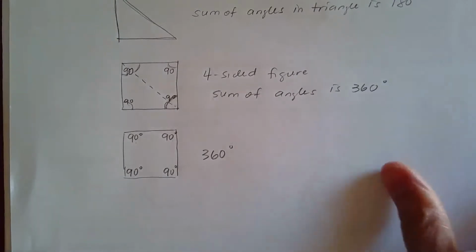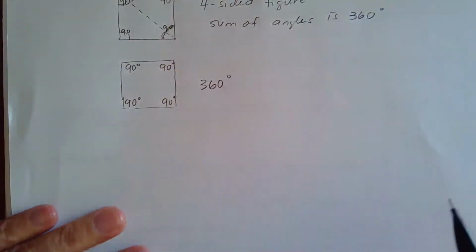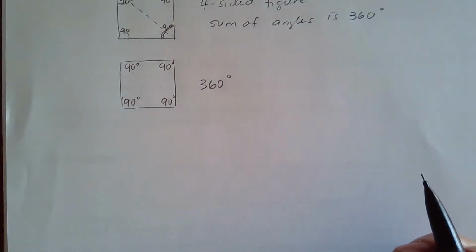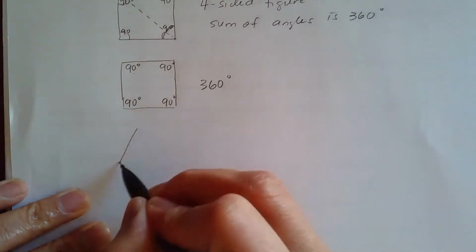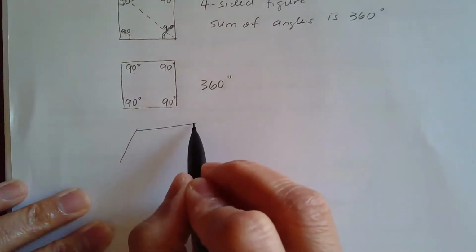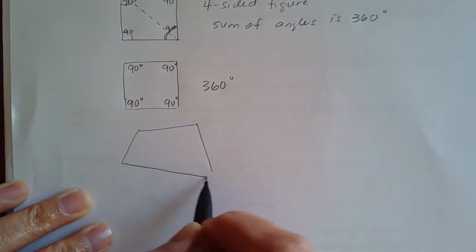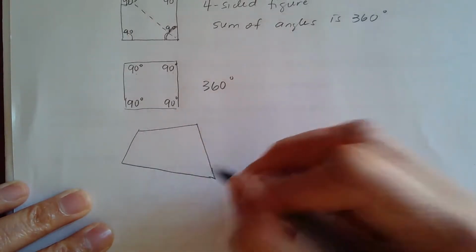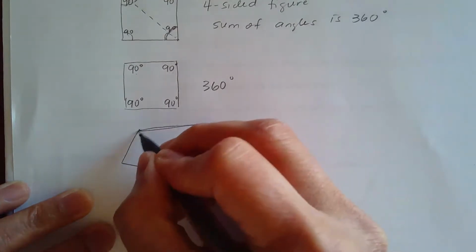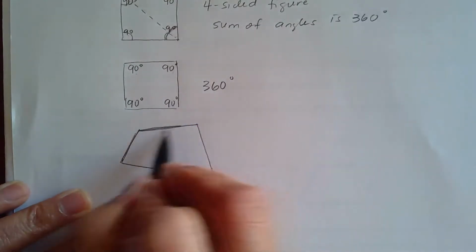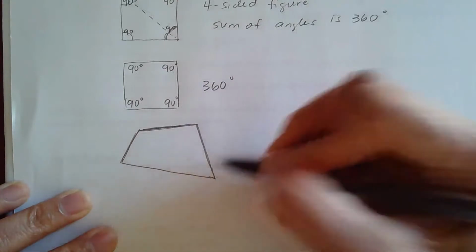But what about the other shape? What other quadrilateral? So I'll just make up any quadrilateral here. Okay, so this is a quadrilateral. It's not one of those typical ones that we know of. So it's a four-sided shape.